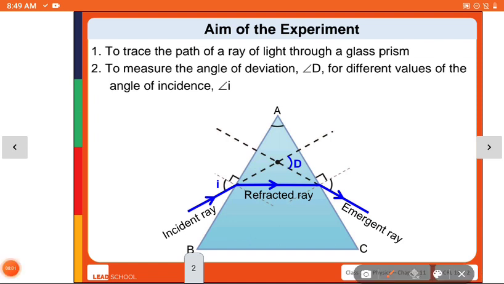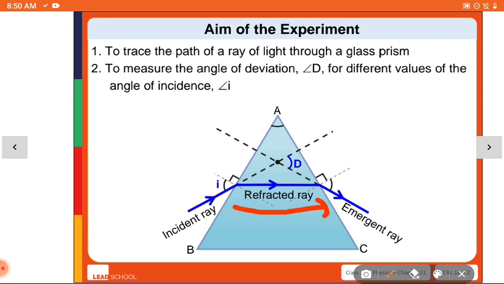This is the incident ray, or the actual ray which falls on a prism, and after refraction it is the refracted ray in a different medium, the glass.